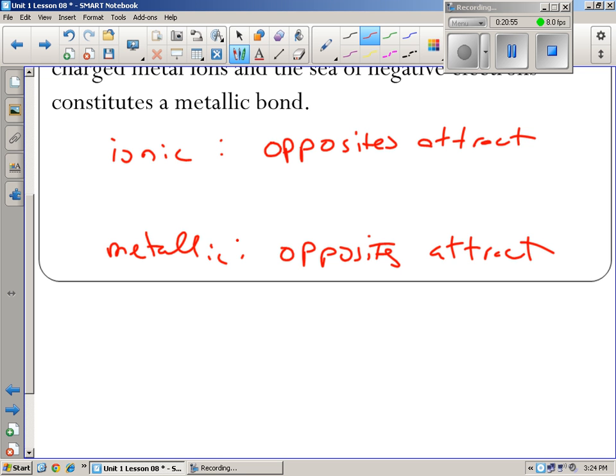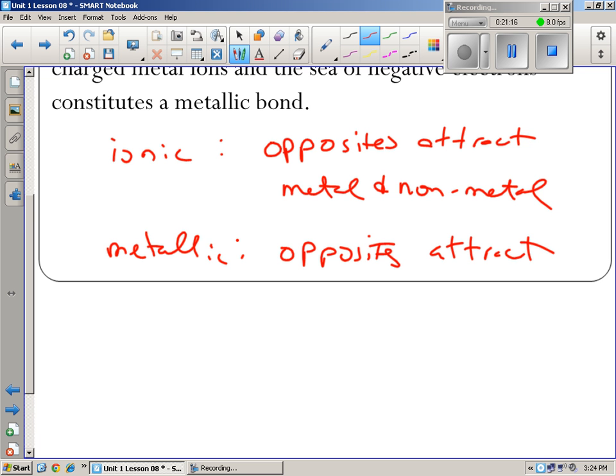The difference wherein lies, this is a metal and a non-metal, of course, which you guys already know. Opposites attract, right? Based on sodium giving its electron to chlorine, becoming chloride, sodium chloride, metal, non-metal.